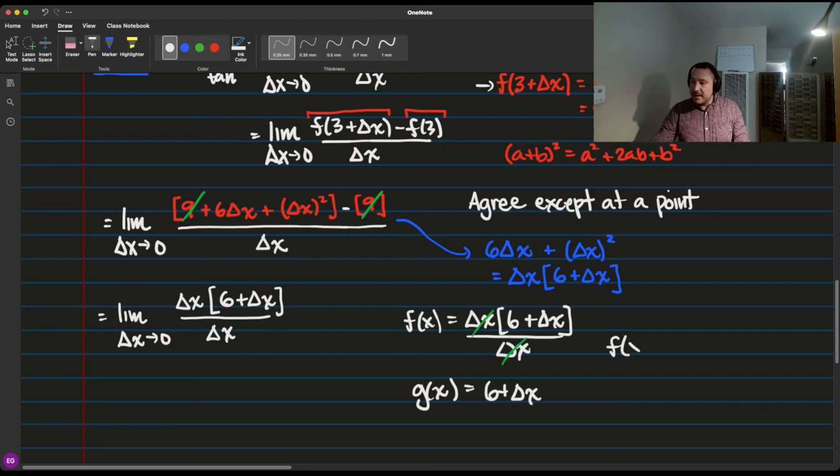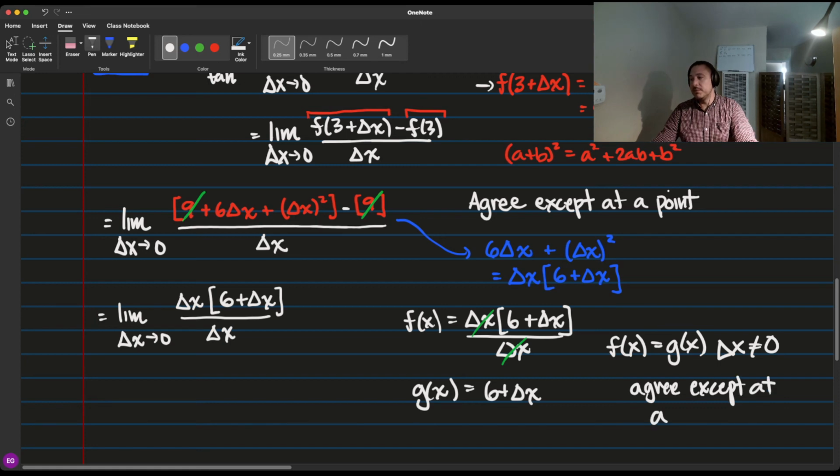So in other words, f of x is equal to g of x except when delta x is equal to 0. So in other words, these functions agree except at a point.